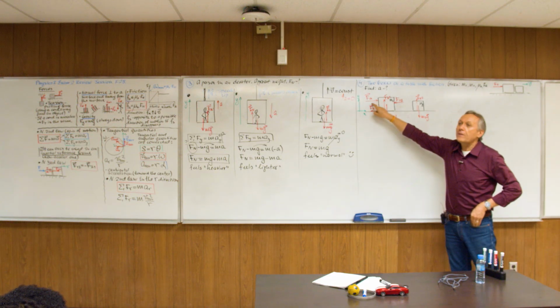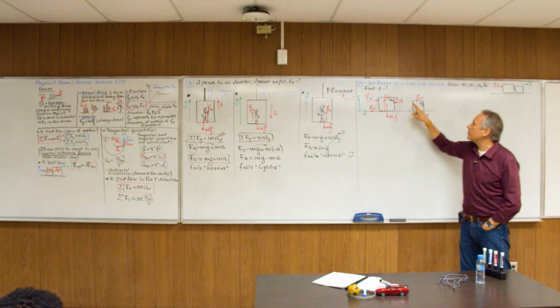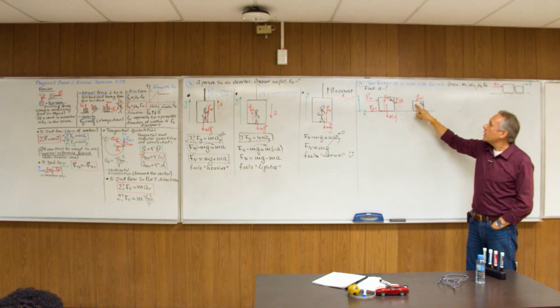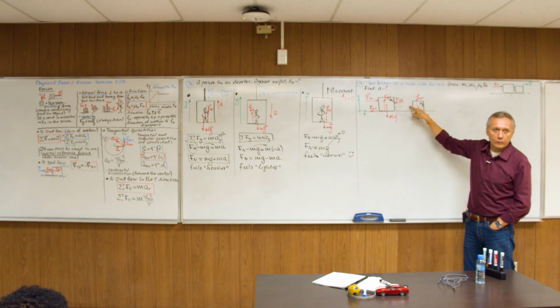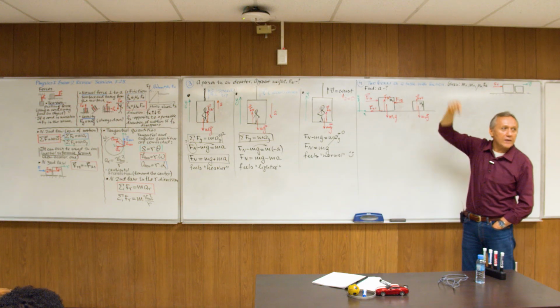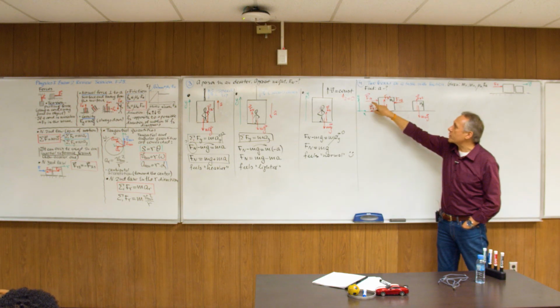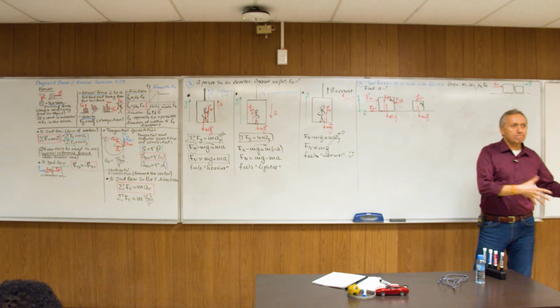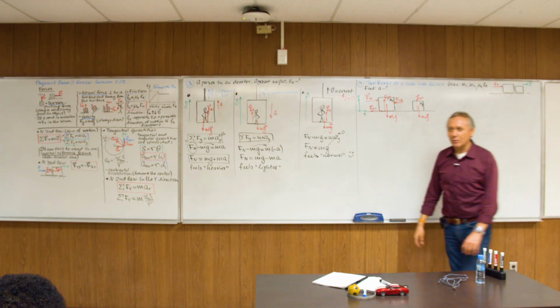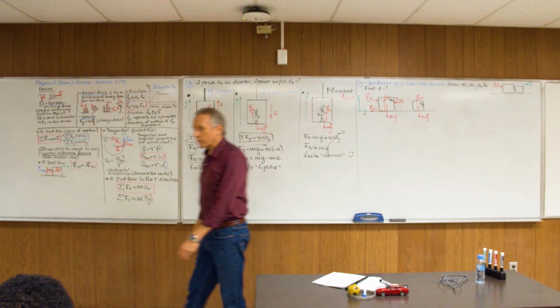The effect of this force will be brought to this object through this internal force. So over here, I'm going to draw force F21. Through that force, the influence will affect the motion of the second object.